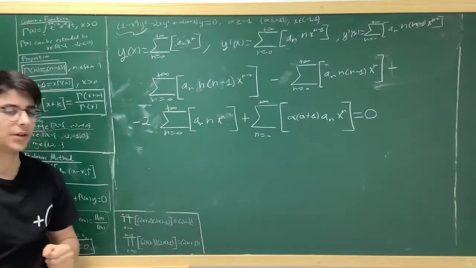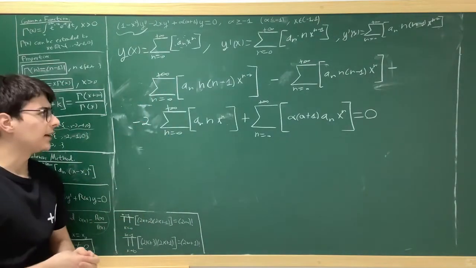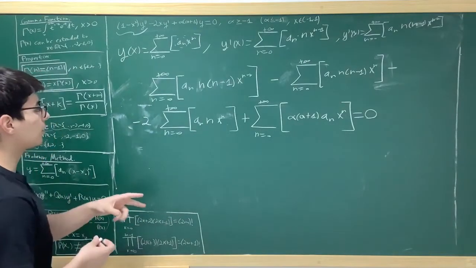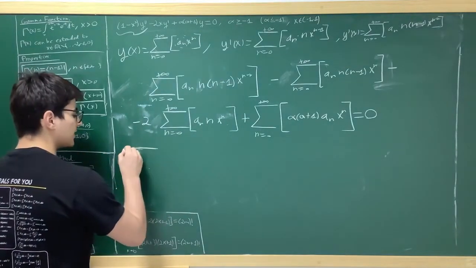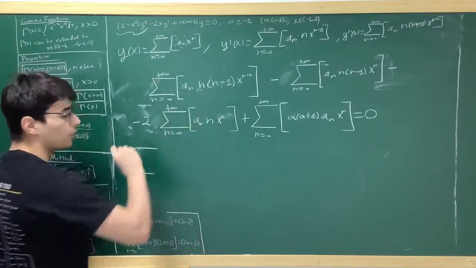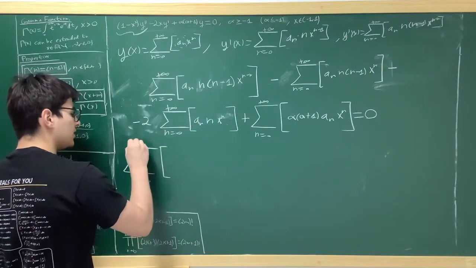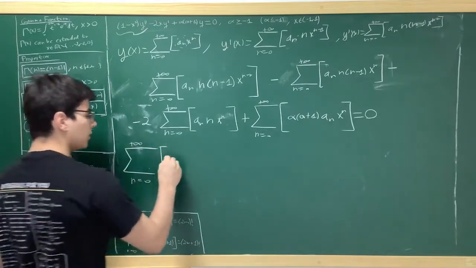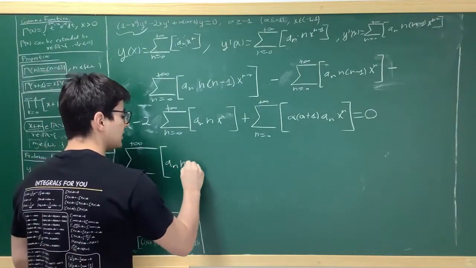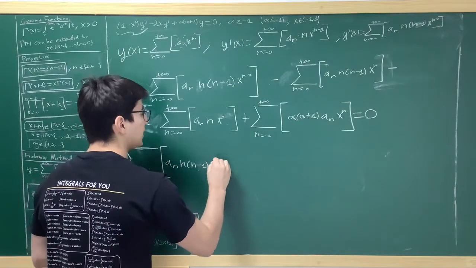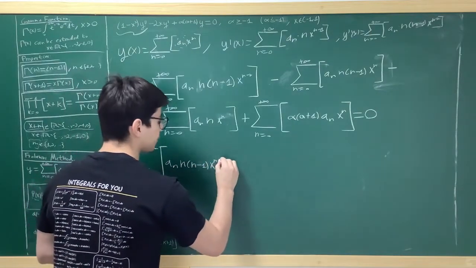So we can add these series, and because they converge, they will give us the same answer. So what we will write now is the first sum, this one. We're not going to be adding it just now. We could, but it's not going to be too useful. So we have this, n times n minus 1 times a_n x to the n minus 2.